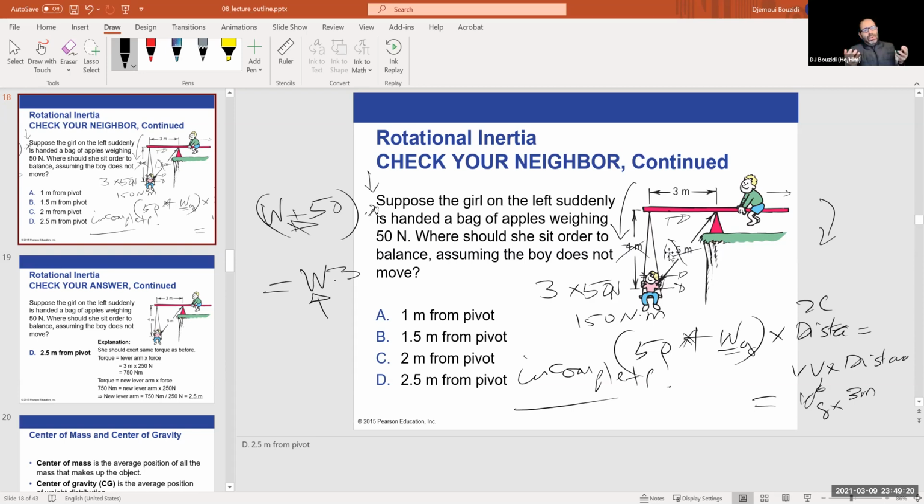But since he cannot move, his torque is fixed now, and it was whatever it was before to balance the girl. Now the girl must move closer to have less arm length because her force has increased by that many newtons by her carrying those apples. So now she needs to move closer to have less torque. Okay, so that's how you balance things. This is a pivot point somewhere in there.